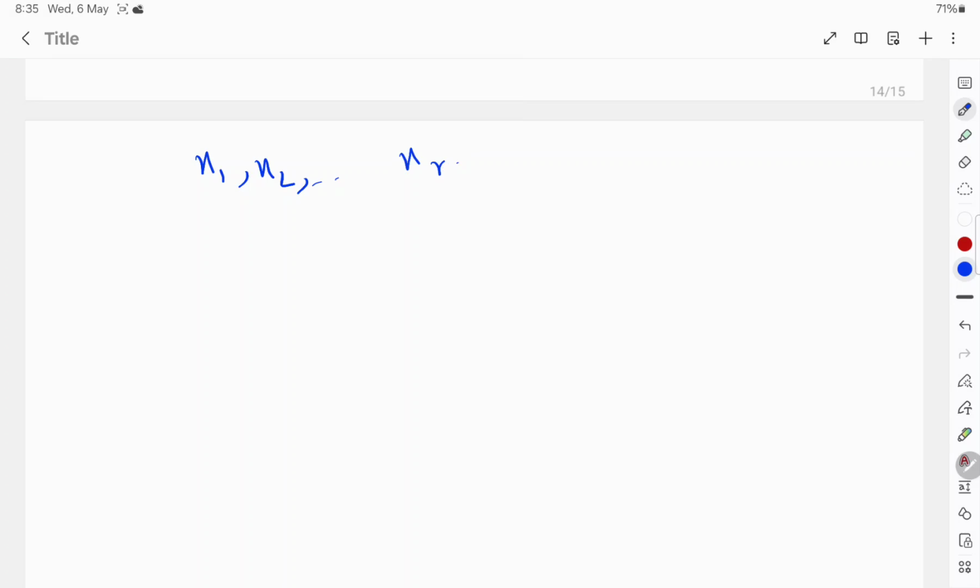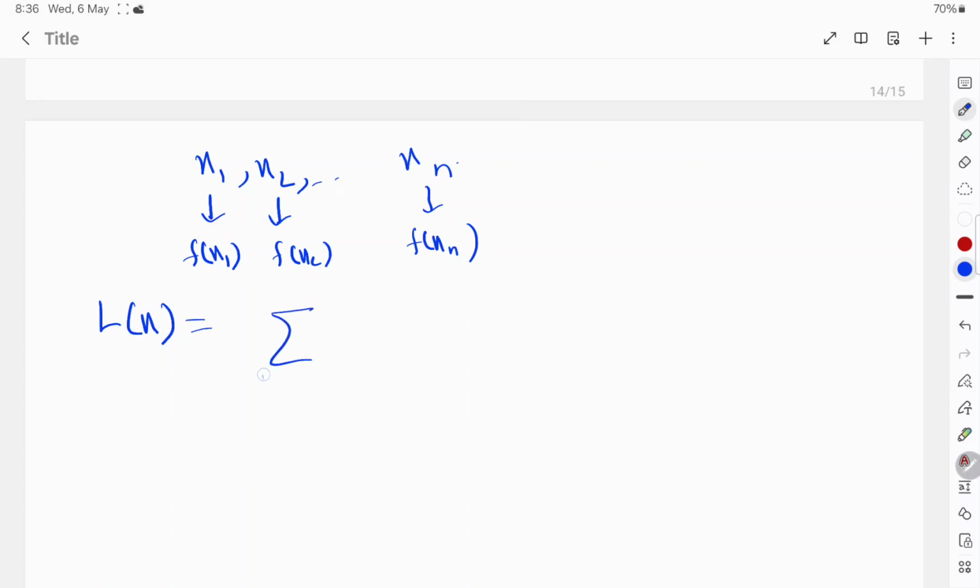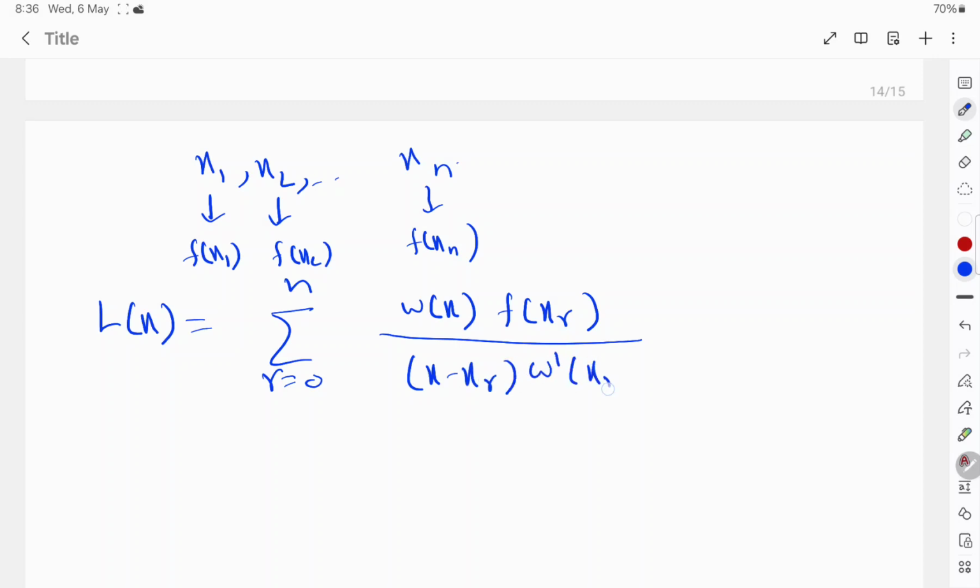Okay, so basically there you have seen if you have the corresponding values f of x1, f of x2, f of xn, then you can define the Lx function or Lagrange polynomial by the sum r equal to 0 to n of w of x f of xr by x minus xr into w dash xr, right?